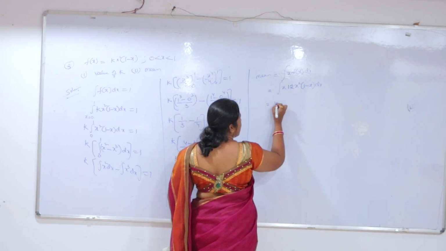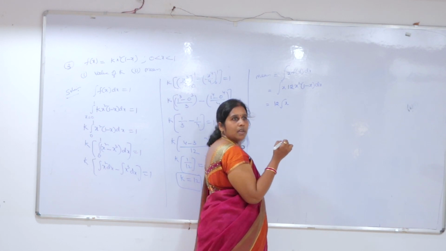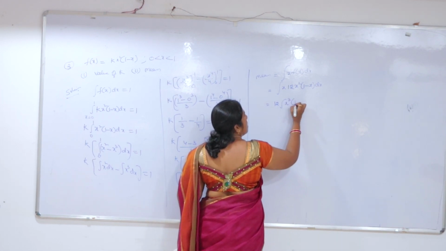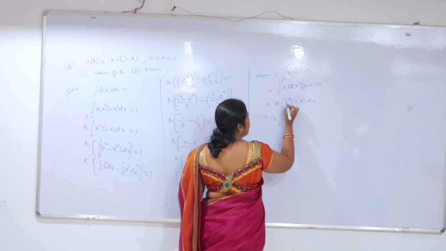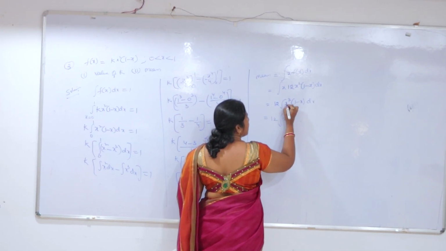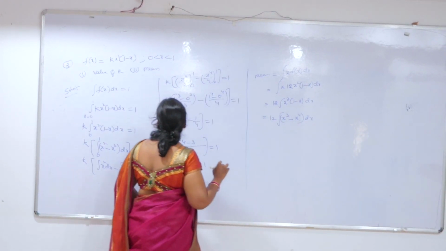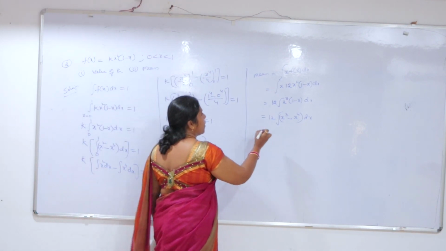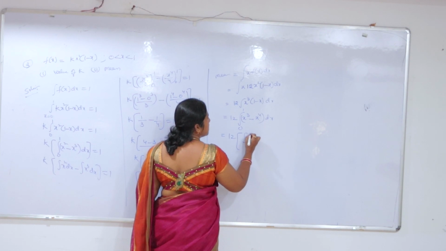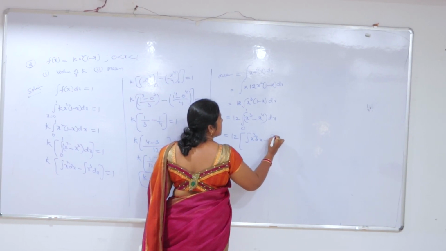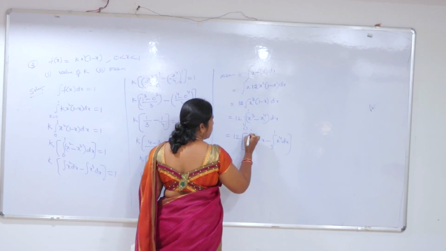So 12 is constant, you can write outside x into x square into dx. Now 12 into, multiply the terms, x cube minus x power 4 dx. And what are the limits you have in the question? 0 to 1. So which is equal to 12 into, separate the terms, x cube dx minus x power 4 dx, and the limits are 0 to 1.